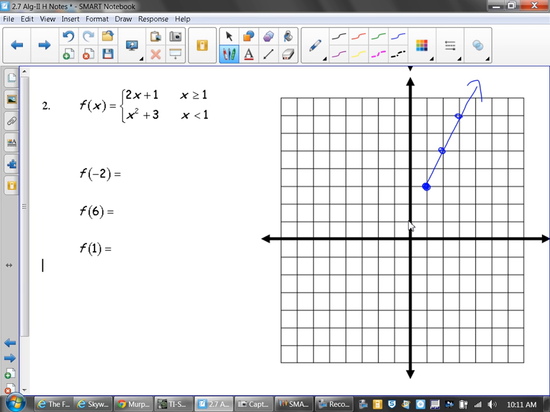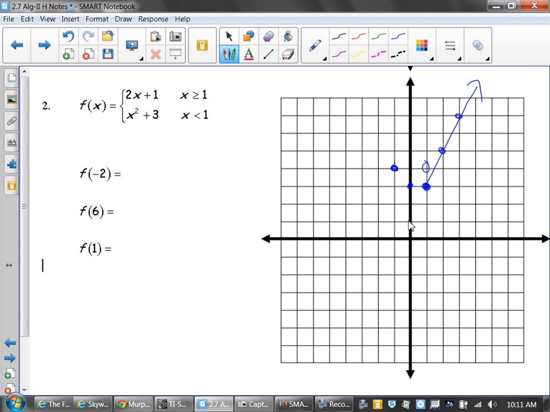For the quadratic part, it's x squared plus 3. Now, if I'm not mistaken, that means at 0, it's 3. At 1, it's 4. Which means at -1, it's also 4.